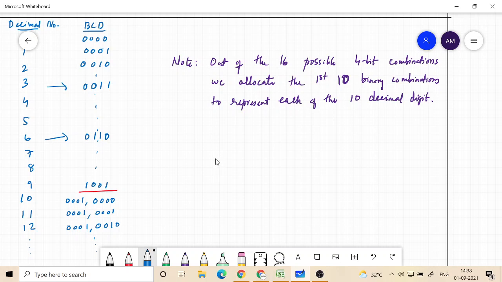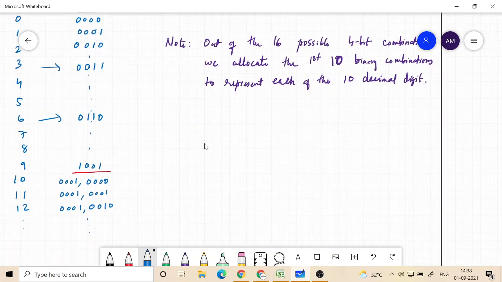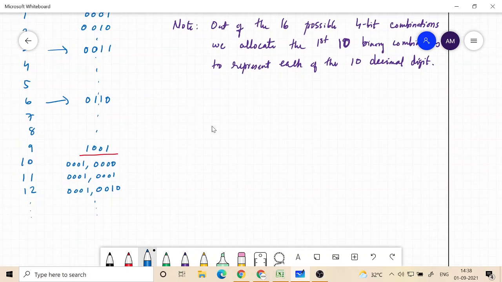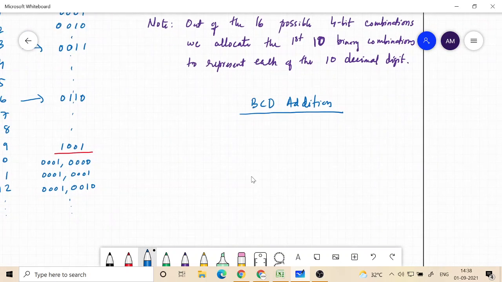So let's look at BCD addition, that means adding using this BCD number representation, or using the code corresponding to BCD.